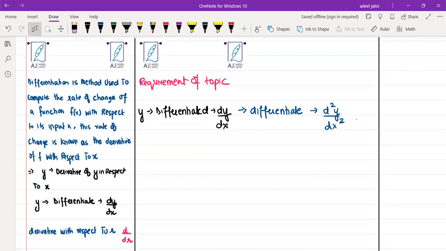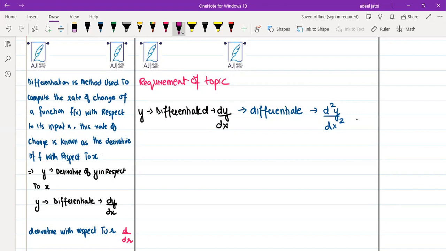Now, what are these values that will be taken out? What is this y? What is this dy upon dx? Or what is this d2y upon dx square? That is important to understand. That is the reason I'm not discussing the rules of differentiation yet, but I'm discussing what you need to do or what you'll be asked to do in differentiation.